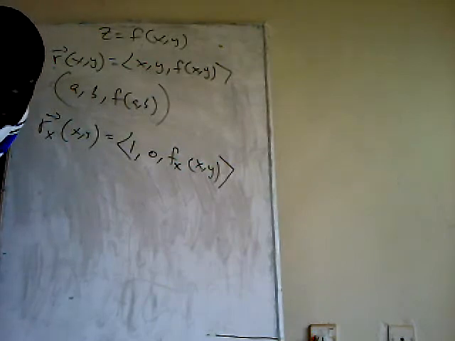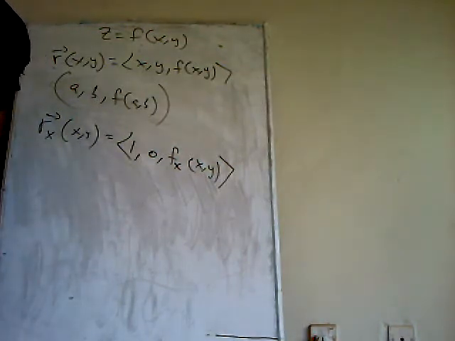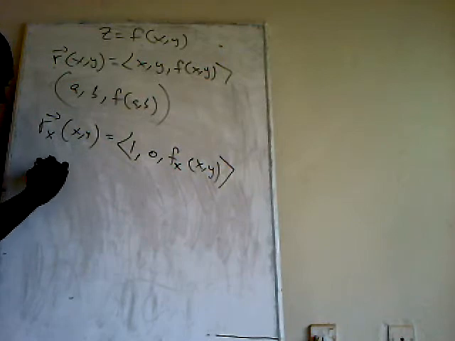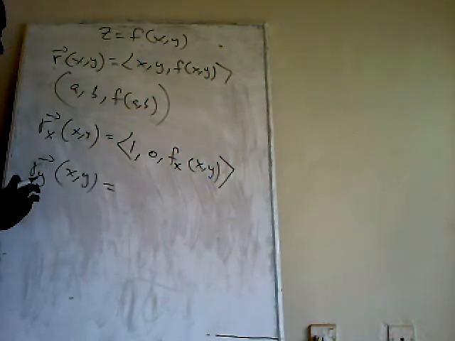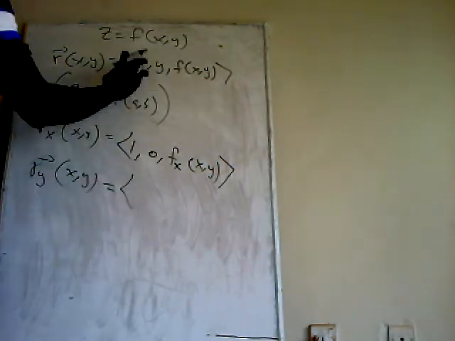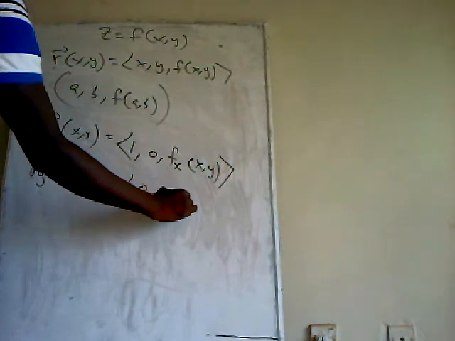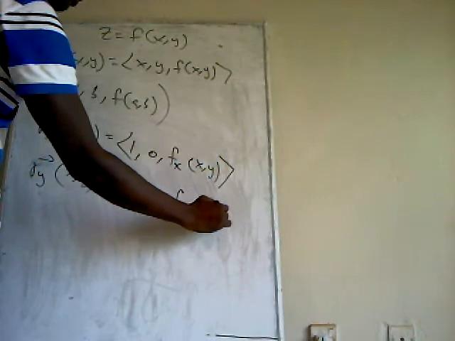This is the tangent vector caused by fixed y. The tangent vector caused by fixed x is going to be ry. If we differentiate r with respect to y, we get 0, 1, and fy of x, y.